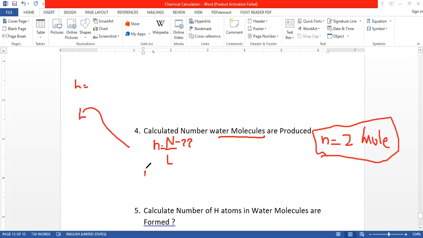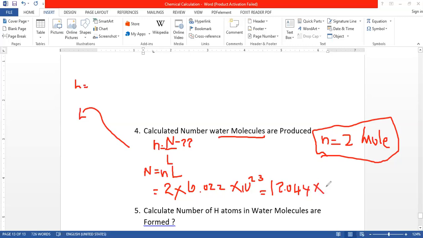So then capital N is equal to simple n into L. Simple n is 2, into Avogadro constant 6.022 into 10 to the power 23. 2 into 6.022 is how much? 12.044 into 10 to the power 23 H2O molecules. You don't need to write the word molecule here. Right. The next question.